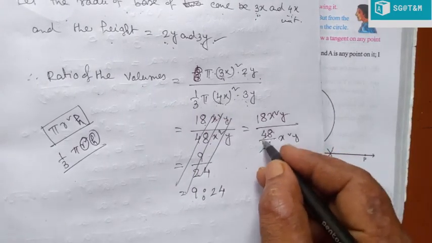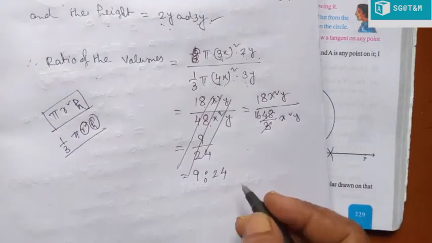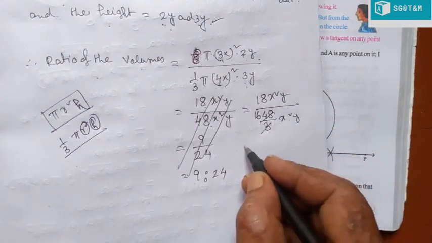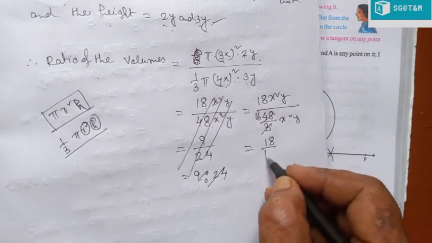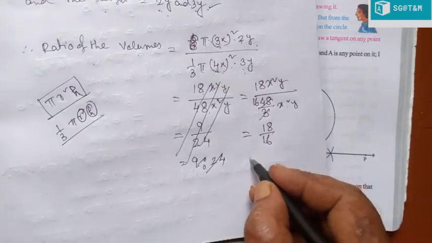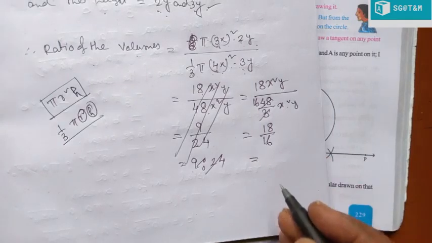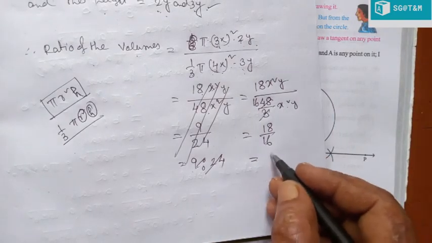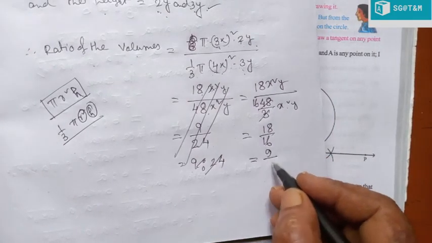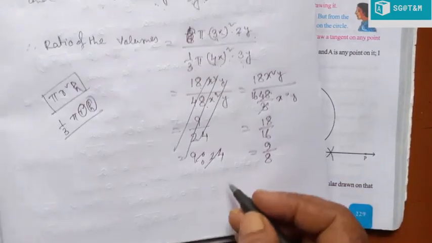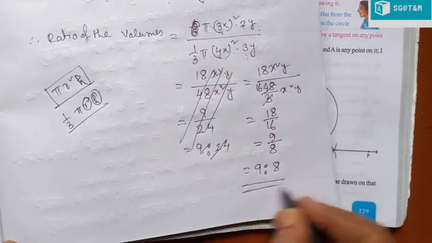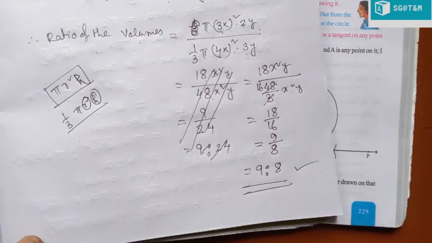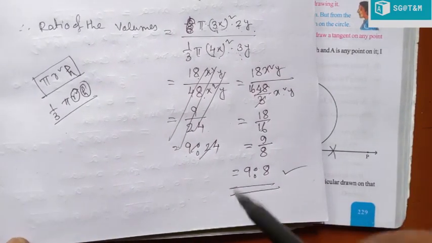So x square y cancels out, then you get 18 by 16, that means dividing by 2, 9 by 8. So the answer will be 9 is to 8. Question number 5, answer will be 9 is to 8.